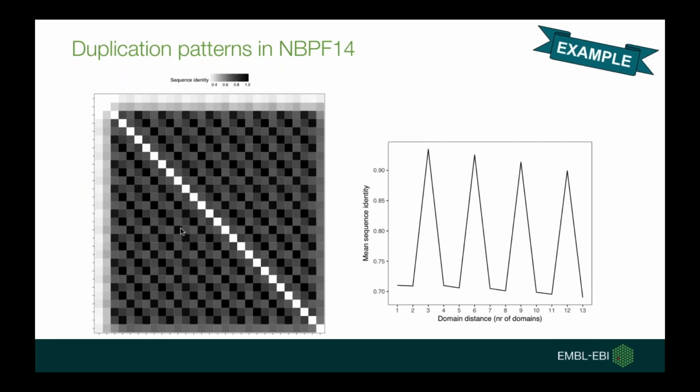But I guess one could use this approach to see, for one family, how diverged the different duplications are compared to the deletions, and then calculate the rates. But I haven't done that so far.